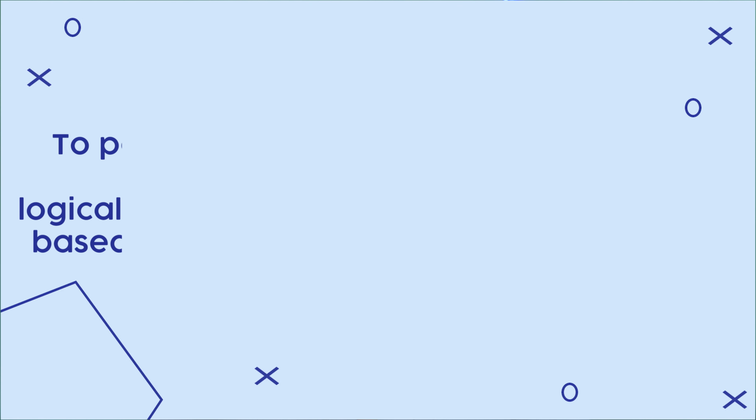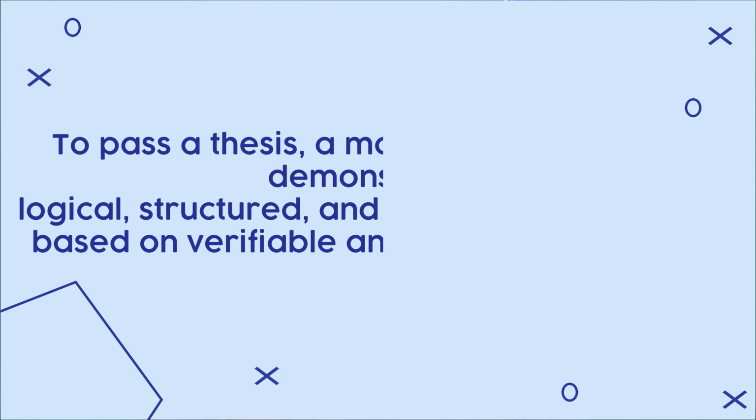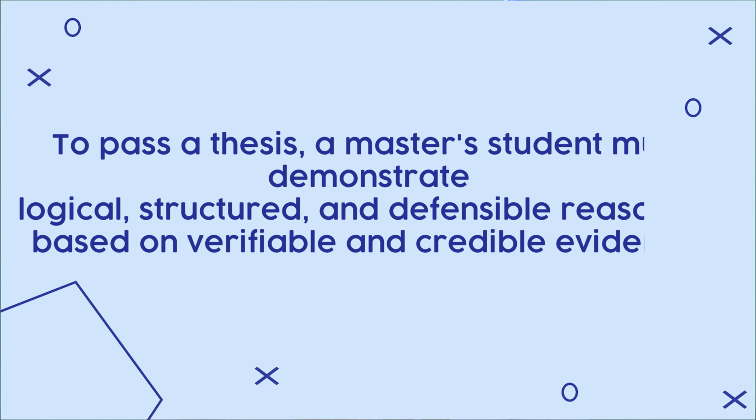To pass a thesis, a master's student must demonstrate logical, structured, and defensible reasoning based on verifiable and credible evidence. And that's the importance of either designing an experiment group or an observation group. Such knowledge also has to be presented in ways that make an original contribution to existing knowledge.